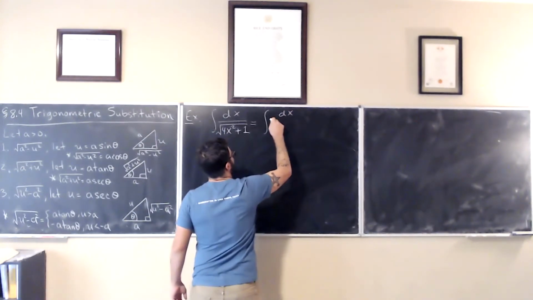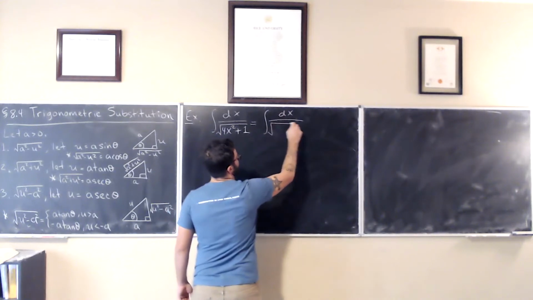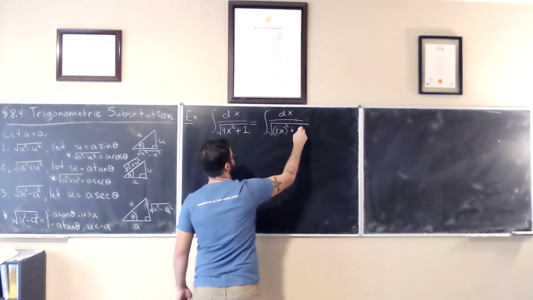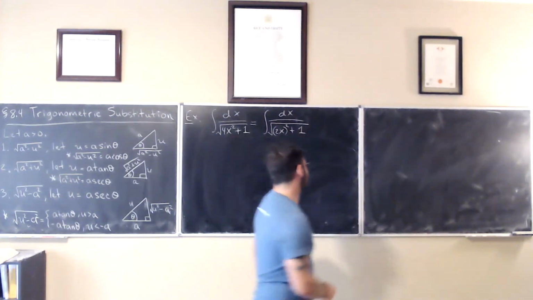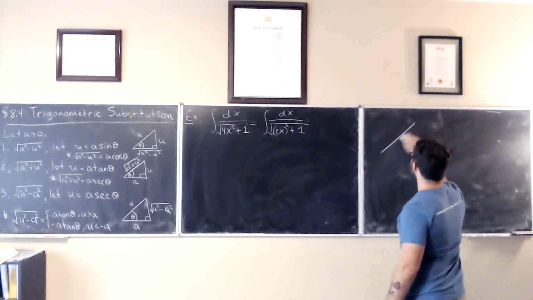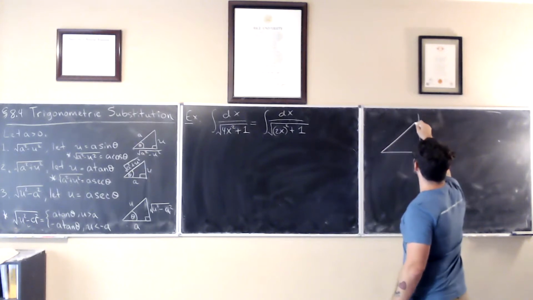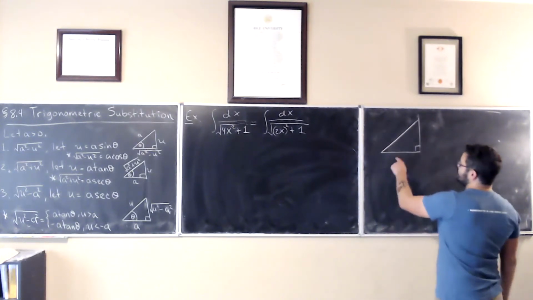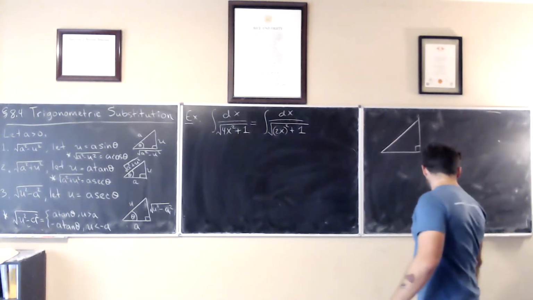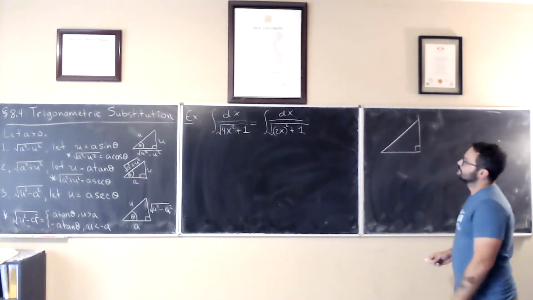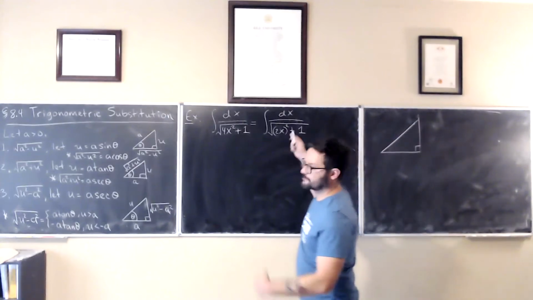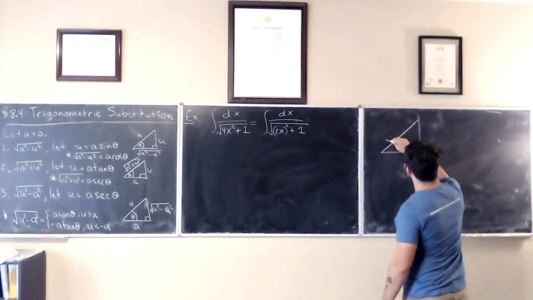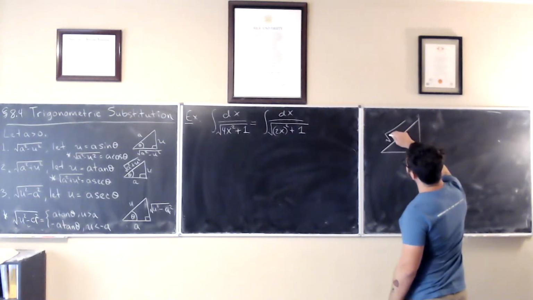And it helps to rewrite this as 2x all squared plus 1. So then if I draw a right triangle, of each of these sides here, the only one that would be the sum of the squares would be the hypotenuse.